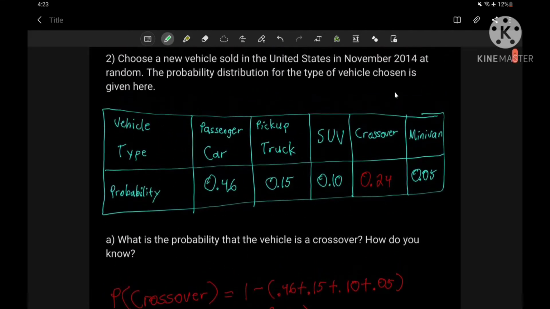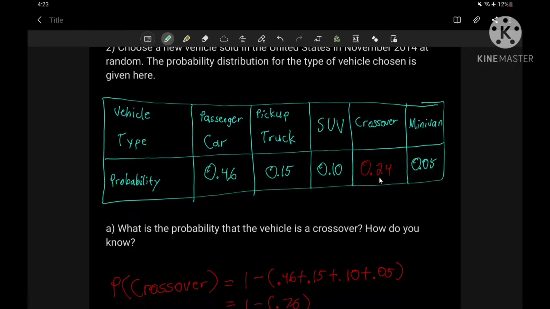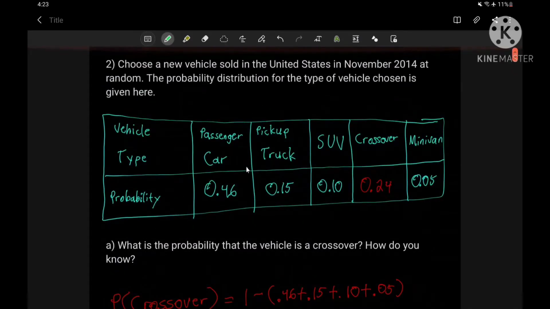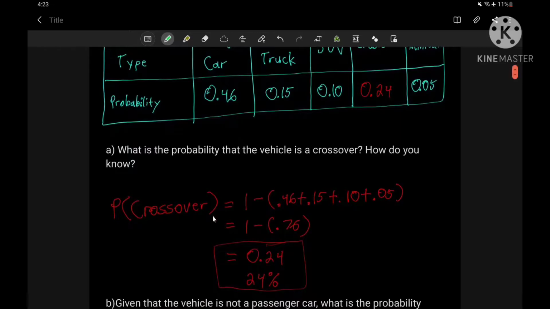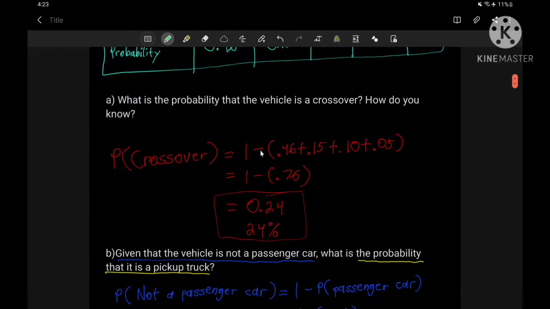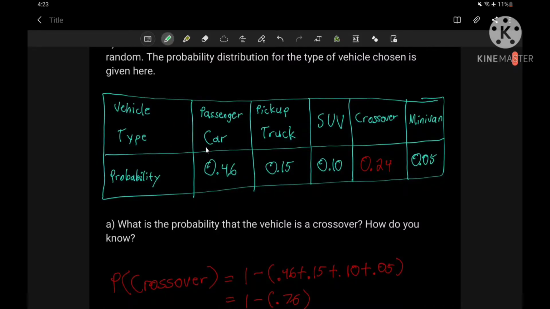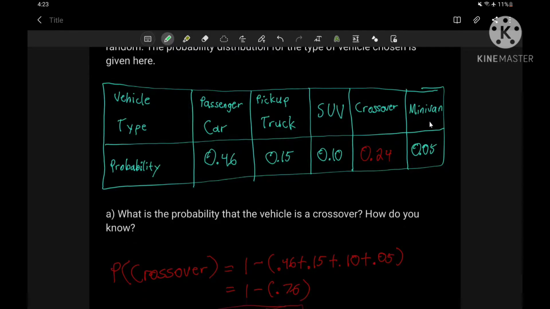For the probability of a crossover, it equals 1, meaning 100%, because the chart is meant to add up to 100%, minus, in parentheses, passenger plus pickup truck plus SUV plus minivan.